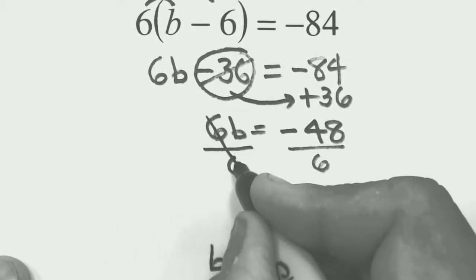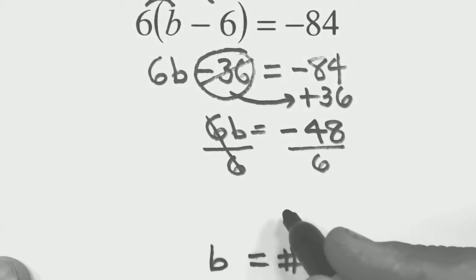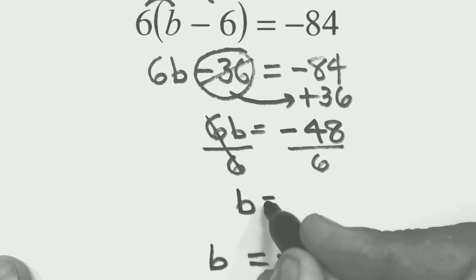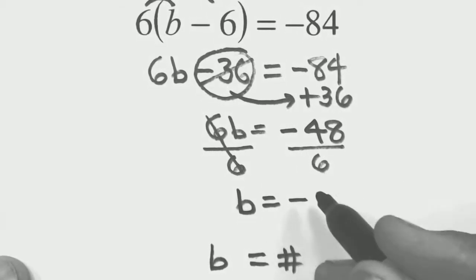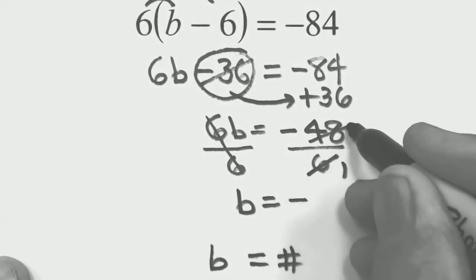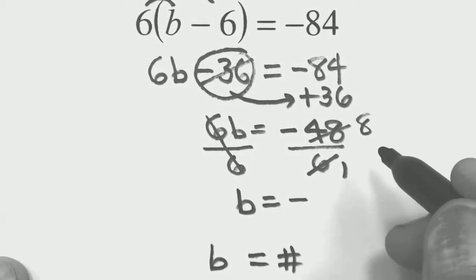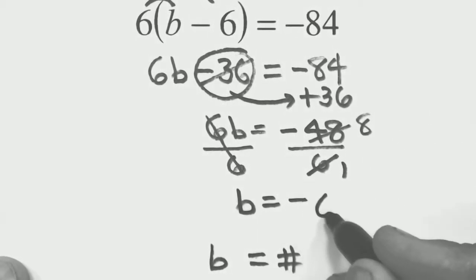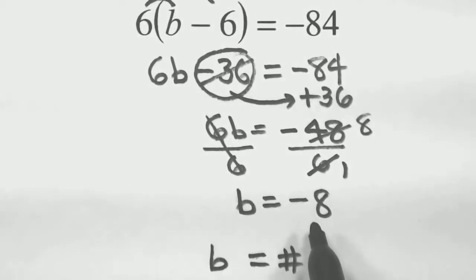The 6's cancel out here. That's exactly what I want to have. I end up with 1b over 1, which is simply b equals, and notice we have one minus sign, so the answer is going to be negative here. And of course, 6 reduces into 48. 6 times 8 is 48, so 8 over 1 is just 8. My final answer, b equals negative 8.